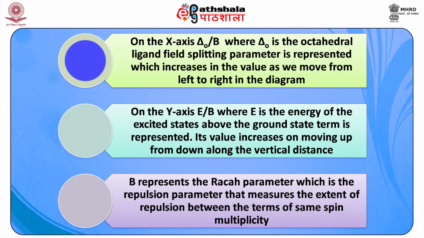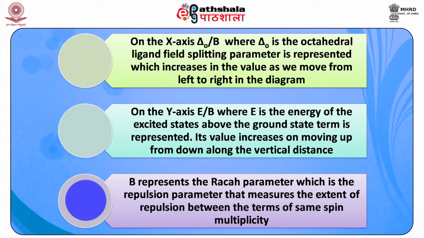On the x-axis, delta naught by B, where delta naught is the octahedral ligand field splitting parameter, is represented, which increases in value as we move from left to right in the diagram. On the y-axis, E by B, where E is the energy of the excited states above the ground state term, is represented. Its value increases on moving up from down along the vertical distance.